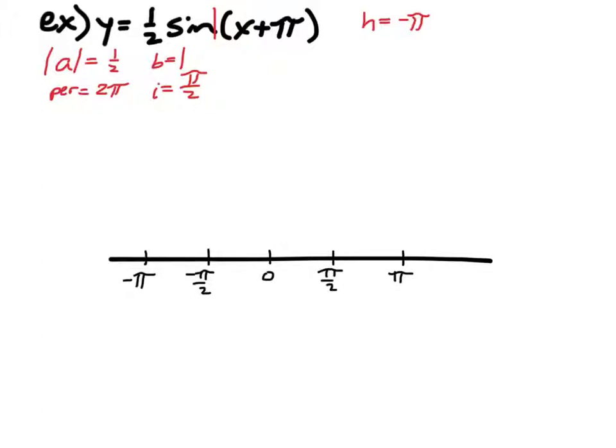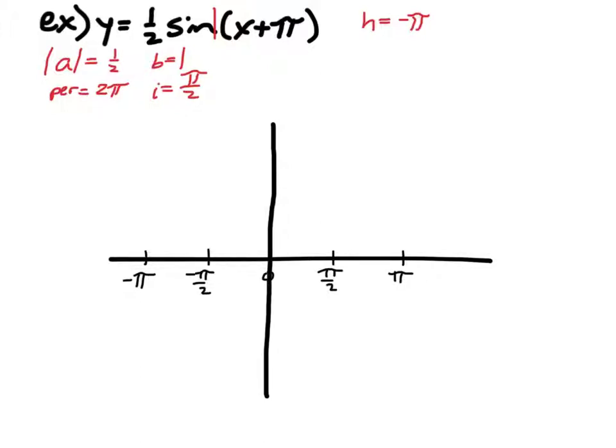So I had 0, that's a y-axis. The midline is still 0, right? Because we didn't shift up or down. How high up and down does this thing go? What's the amplitude again? 1/2.